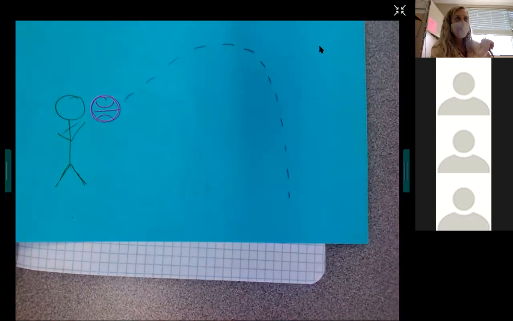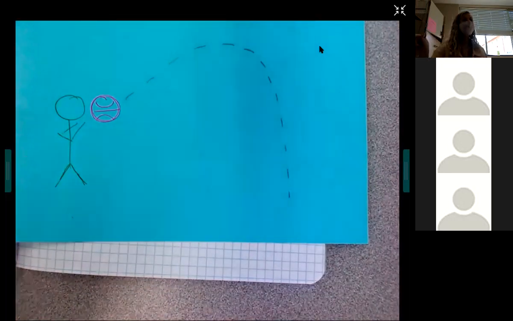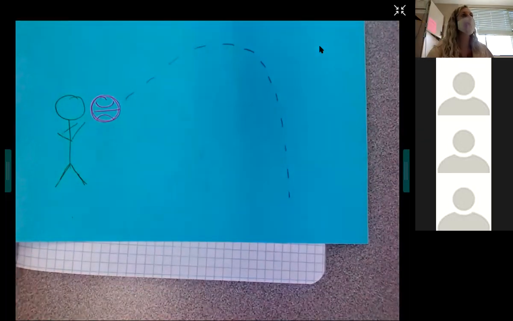No. As soon as Jordan shoots that ball, when it's still in his hands, that's 0 seconds because he hasn't shot it yet, right? As soon as it comes out, we start timing it. And then as soon as it hits the ground, y'all, it's going to stop. Yes, it'll bounce. Okay, whatever. It does not go through the ground. Do we all understand that?